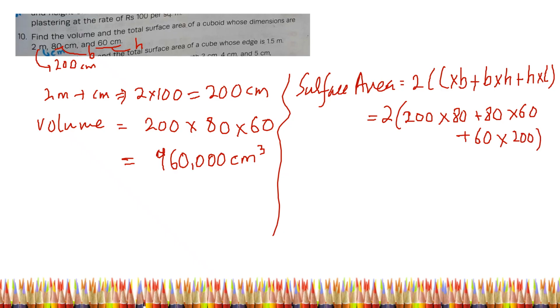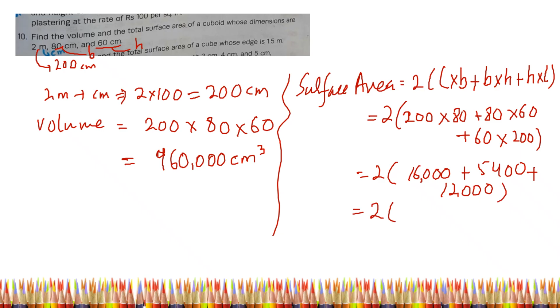Now let's solve this. 2 into 200 multiplied by 80. 200 multiplied by 80 will give you 16,000. 80 multiplied by 60 is 4,800, and 60 multiplied by 200 is 12,000, right? Now let's add these three numbers together.